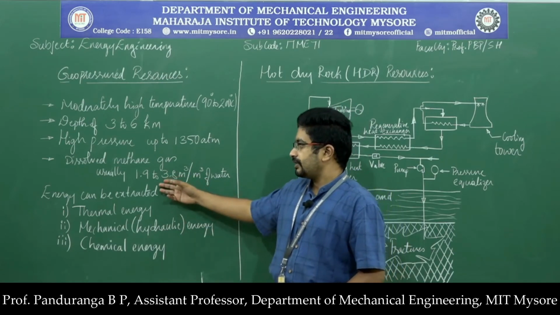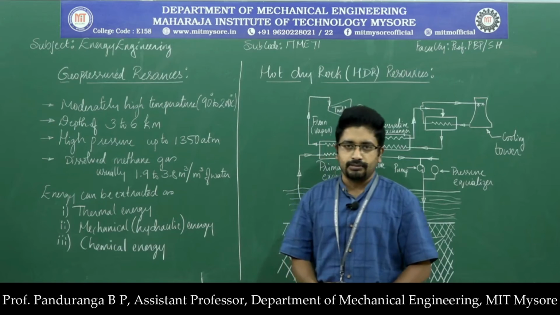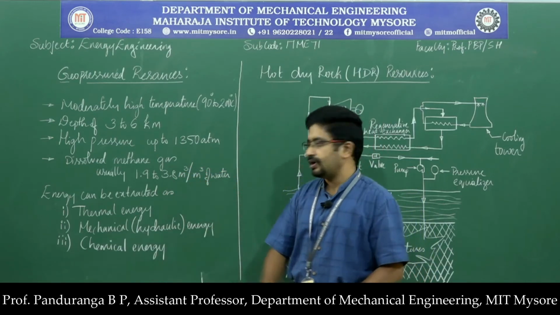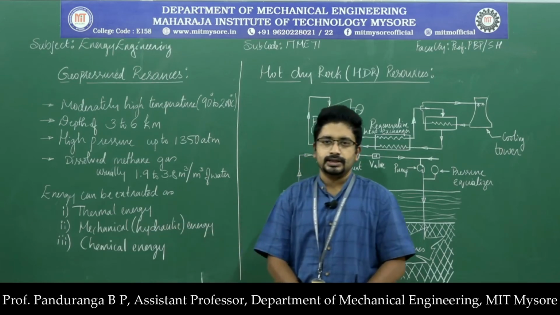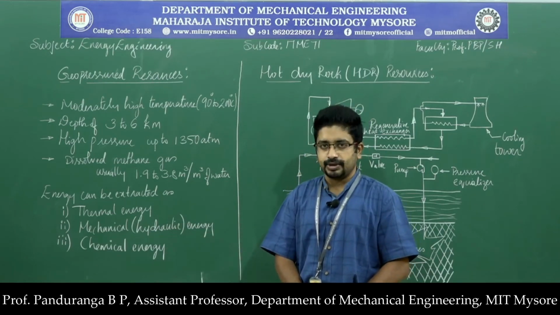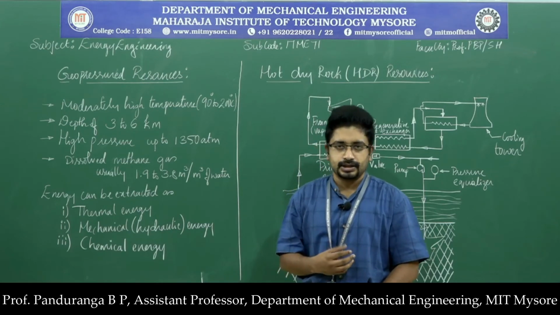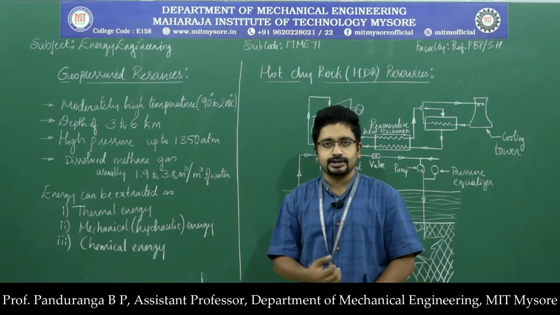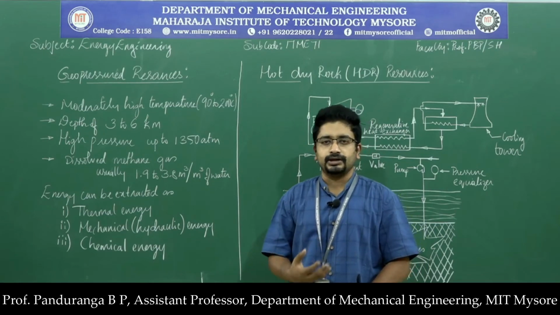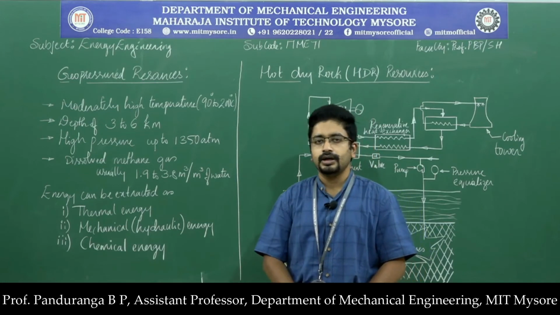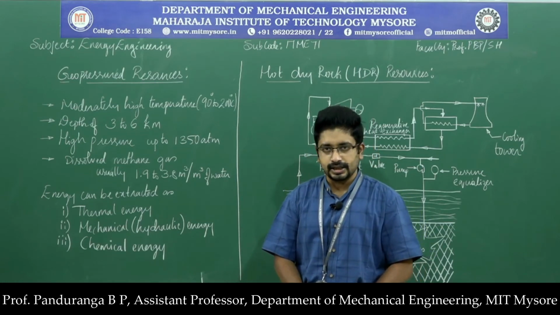So here we can utilize the energy available in these kind of resources in three different ways. One is the thermal energy. Since it is at a very high temperature, we can use a flash separator and separate high temperature, very high pressure steam, and pass it through a turbine and produce mechanical energy, or electrical energy.